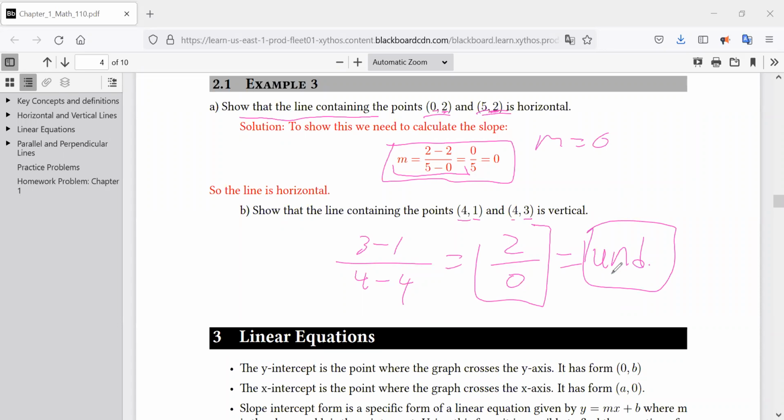So that's another way of thinking about it being a vertical line, where your slope is undefined. Another thing, just like we set up here, if you have the same y value but two different x values, it's going to be flipped for this. So you have the same x value but two different y values. That's going to be enough for you to say, okay, that means that this has to be a vertical line. Cool.